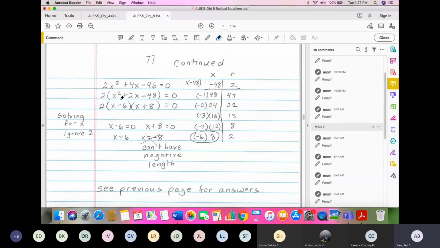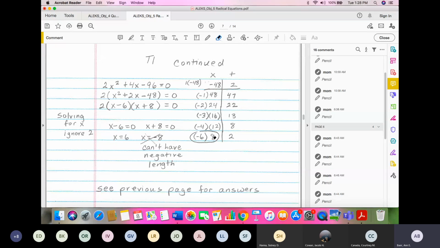We only need to factor what's inside the parentheses here. We're looking for factors of 1 times negative 48, which is negative 48. Those factors multiply to give us negative 48, and the factors add to give us 2. Now, I'm not going to spend a lot of time going through all of this, but I found that negative 6 and 8 work going in a very systematic approach.